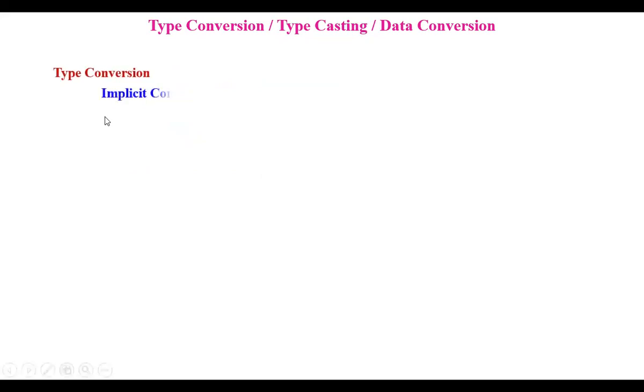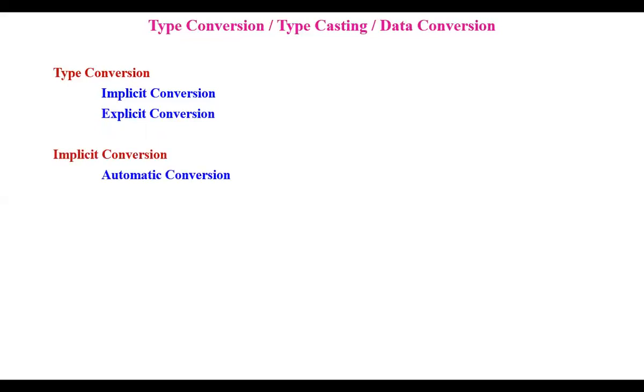Type conversion can be done in two ways. One is implicit, another is explicit. In implicit conversion, the system automatically does the conversion. It is done by the compiler.